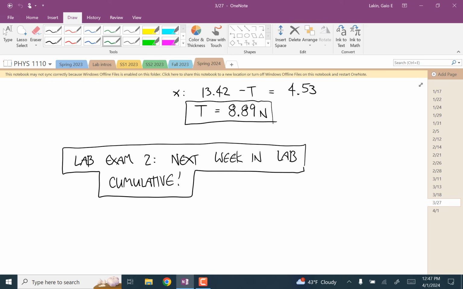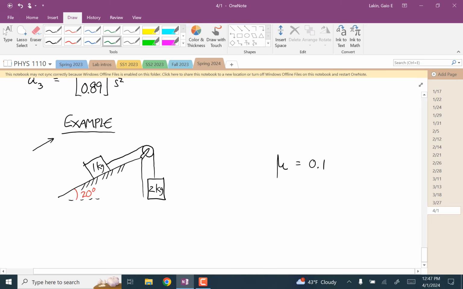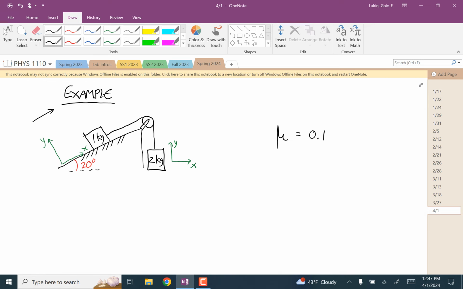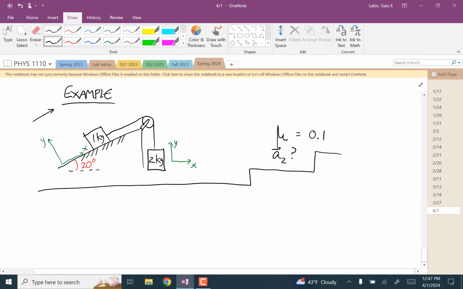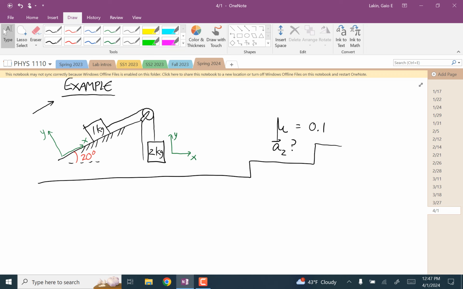Okay, so the coordinate system I'm going to use for the sliding body is this. And the one I'm going to use for the hanging body is this. And let's say we want the acceleration of the 2 kilogram. Okay, so the first body I'm going to isolate is the 1 kilogram.